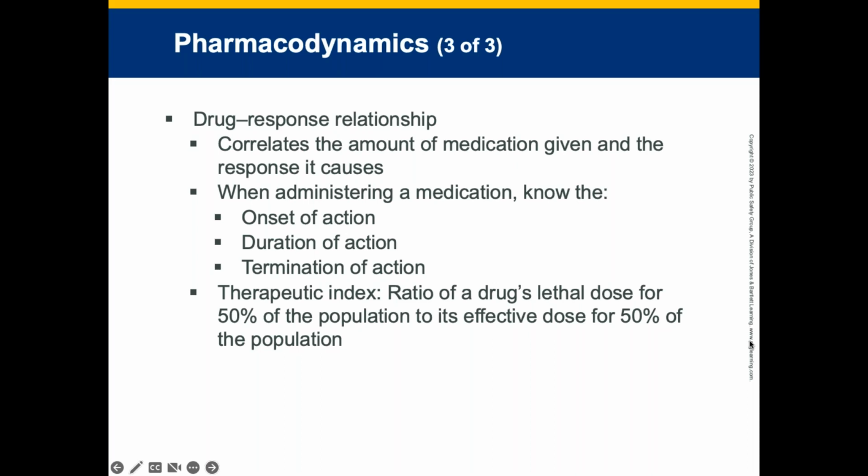So if a patient has pain, I know this is more ALS, do I give 500 micrograms of fentanyl? No, that would kill a patient, right? So I want to make sure I give the minimum concentration required, the therapeutic threshold.